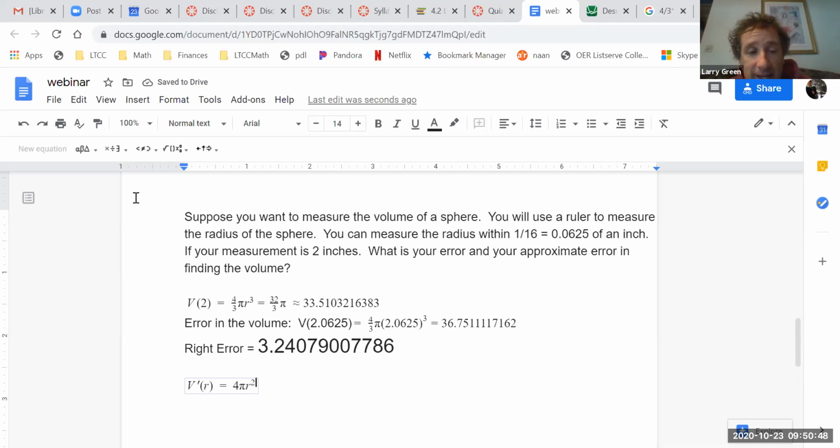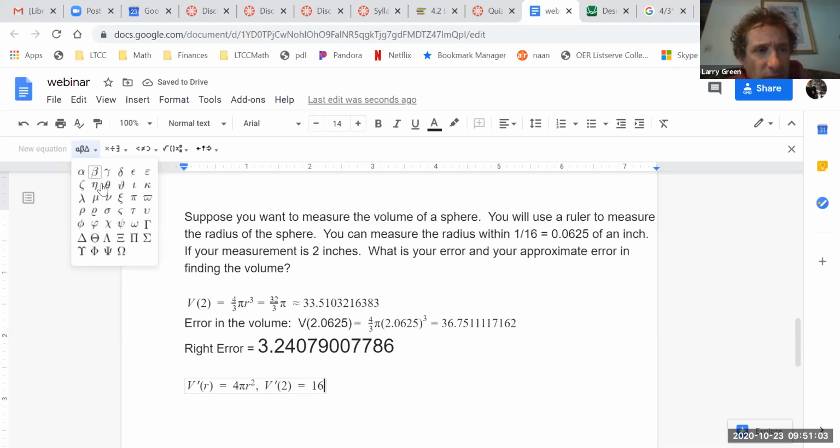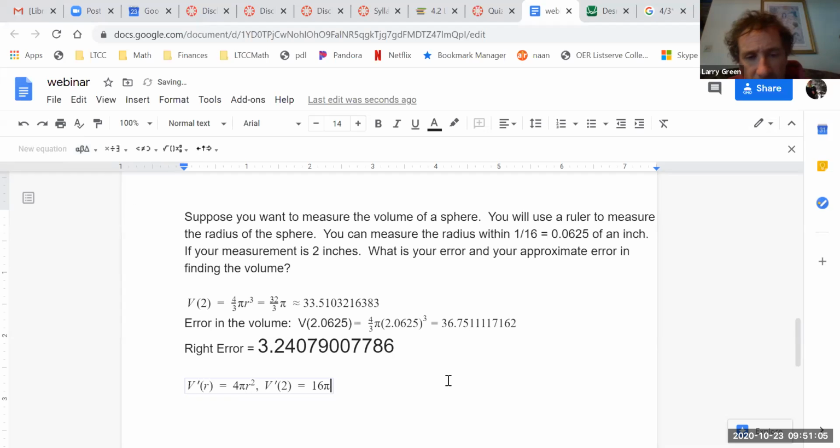Okay, now we're plugging in 2. So v prime of 2 is equal to 16 pi. So let me stop for a second. Any questions on what I just did?